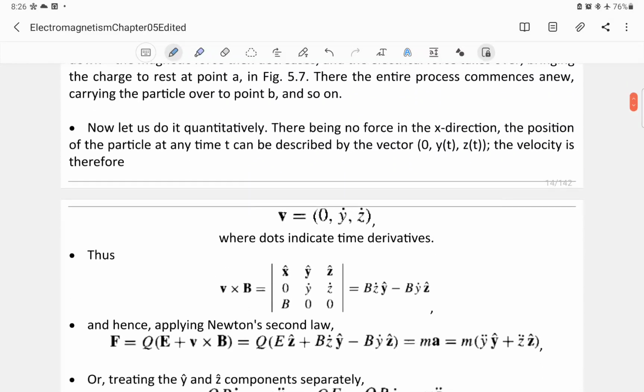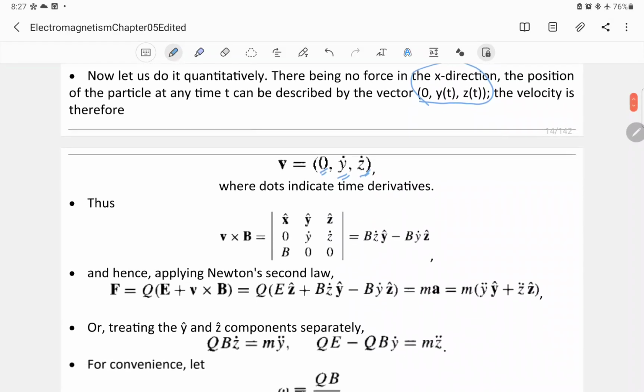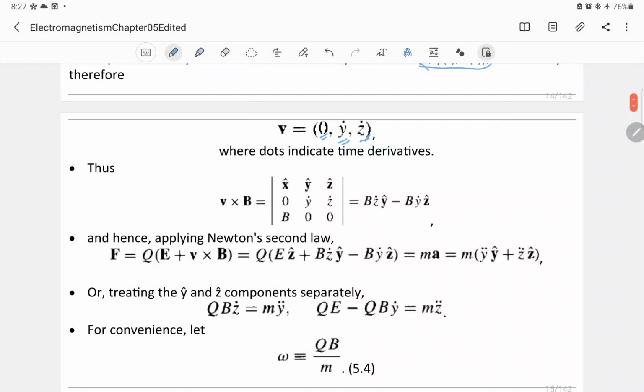So there being no force in the x direction, the position of the particle at any time t can be described by a vector 0, y(t), z(t). That's the position of the particle at any time t. And the velocity is, of course, you don't have force in x, so it's also 0, y dot, and z dot. That indicates the time derivative of those respective positions.